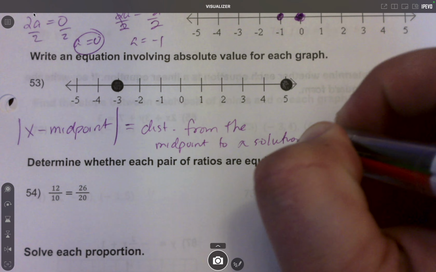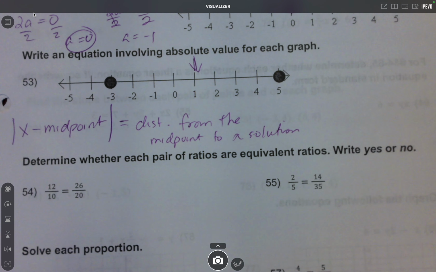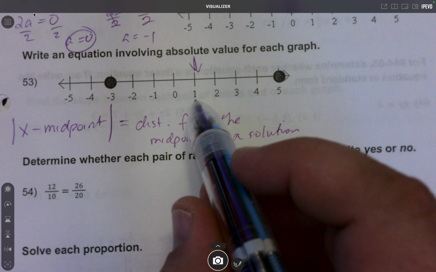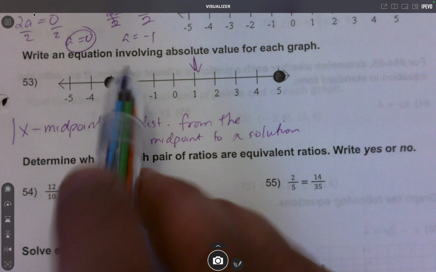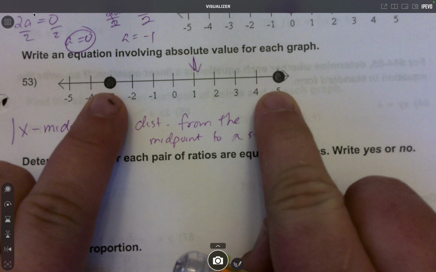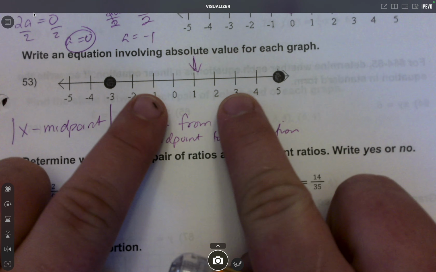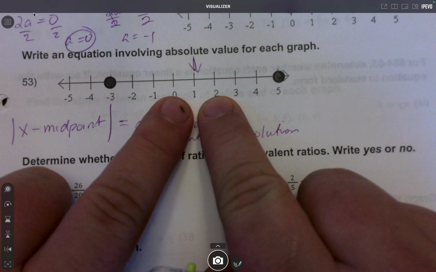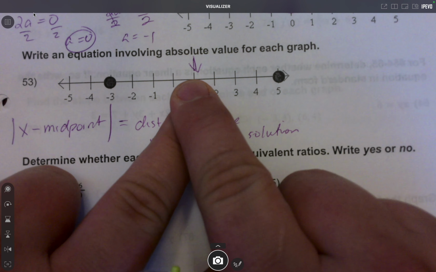or an answer. So on this one, if you look, what's exactly in the middle between negative 3 and 5 is negative 1. No, sorry, I don't know why I said negative. That's a positive 1, just for everyone's information. You can also do the counting, and you can say, okay, I'll come 1 in, come another in, come another in, and there I am, right there at 1.